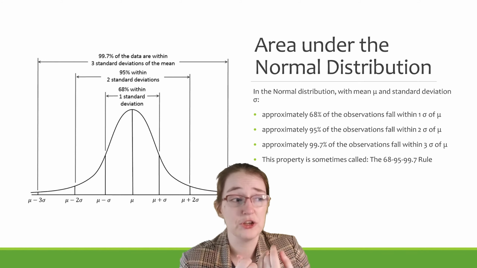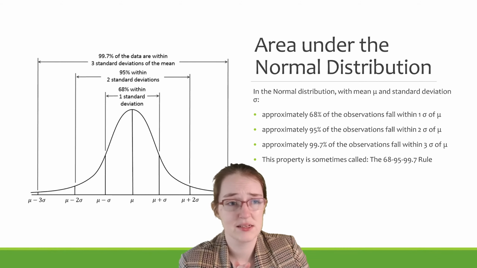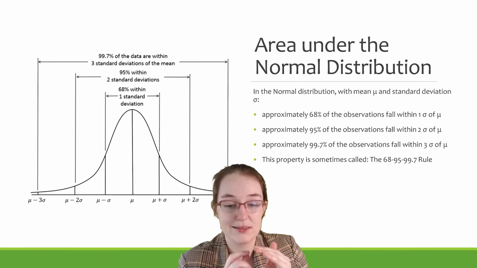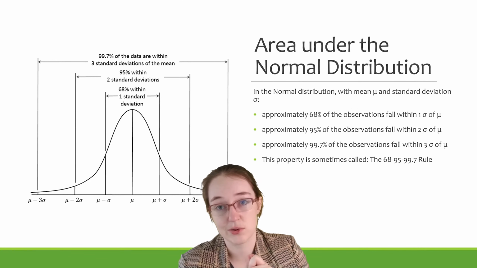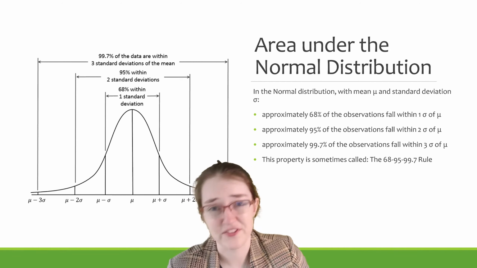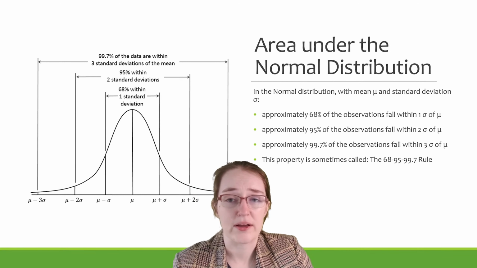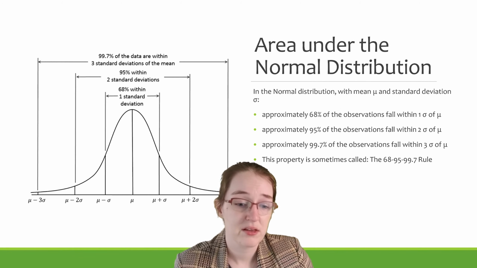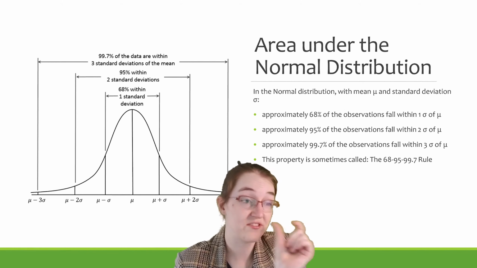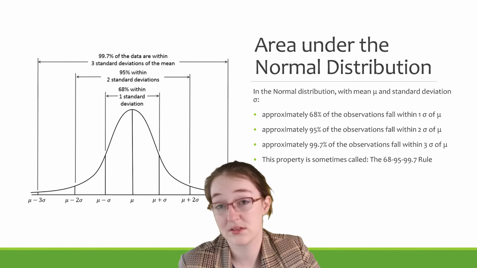You can use a couple of these tricks, and I'll show you in a second, to find unlisted areas if you have to use a z-score table, because those still exist, or if R is unavailable to you. Areas are both additive and subtractive, so you can find different chunks by being clever.